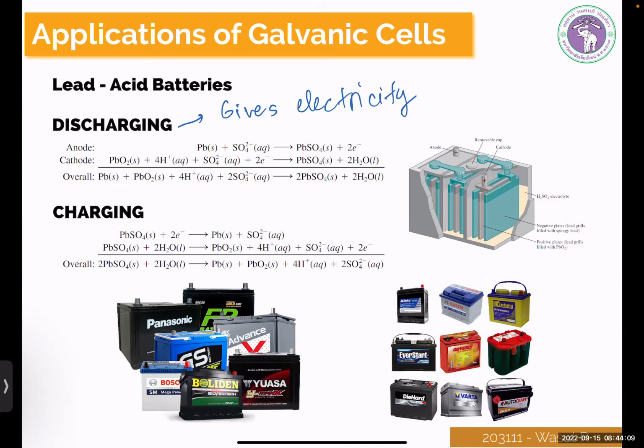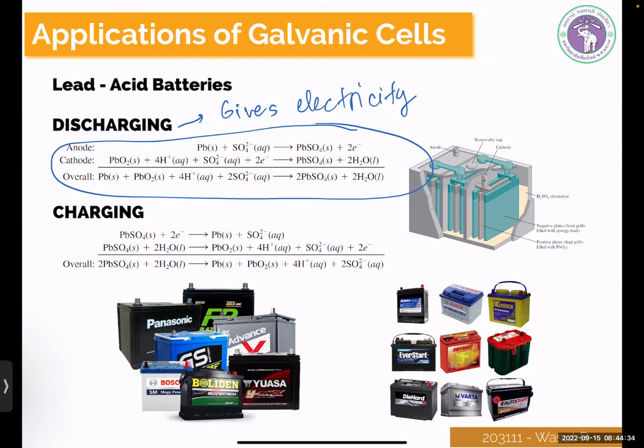So the lead metal gets oxidized into lead sulfate, right? Well, what about the cathode? The cathode is lead(IV) oxide being reduced also into lead(II) sulfate. Okay? So this is the phase where your battery is working, giving you electricity, right?